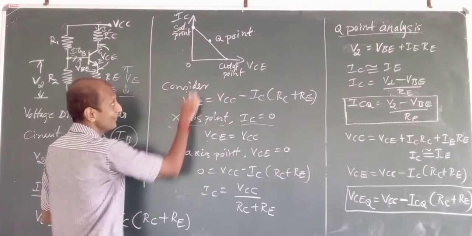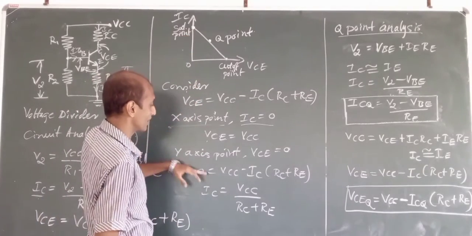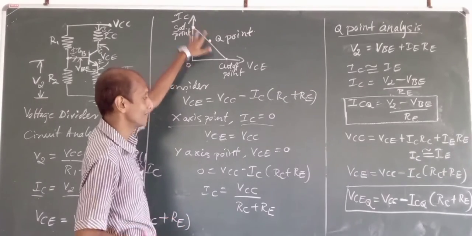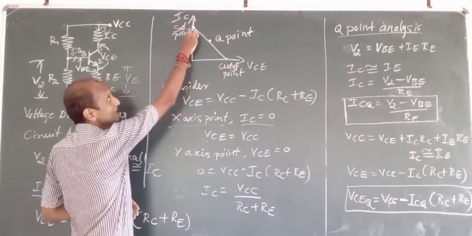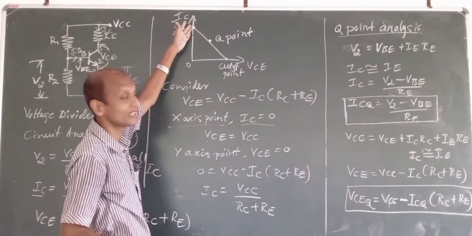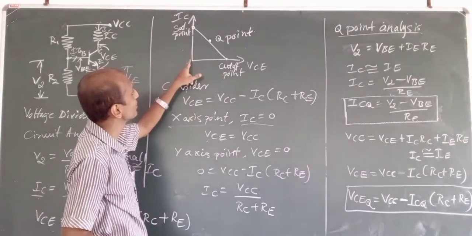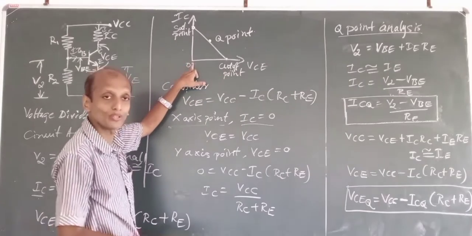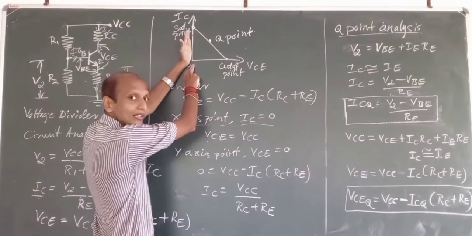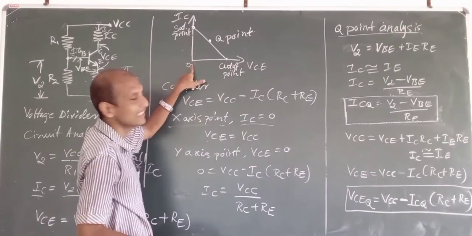Fine? So if I go for the y-axis point, the saturation point, what do I have to do? At the y-axis, the value of VCE will be equal to 0, isn't it?